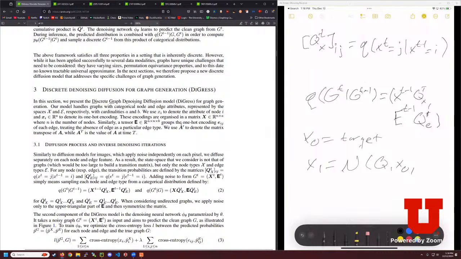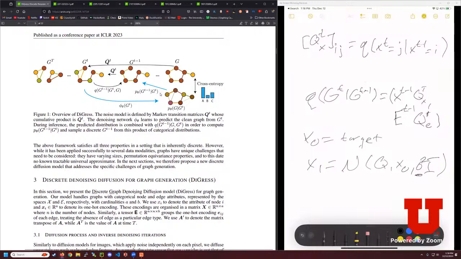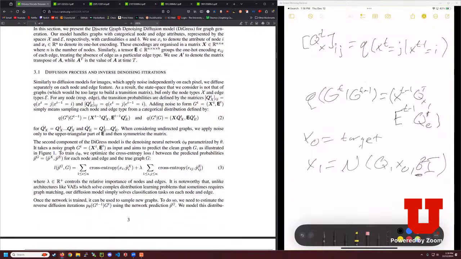And then this should be some, I forget what goes here. I'll put that for now. I don't think this part is right. I forgot what goes there.